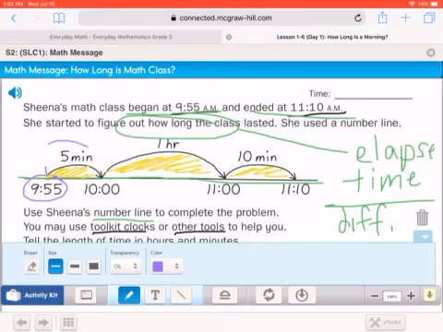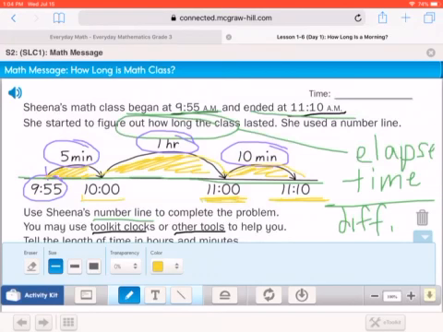If you thought the time that passes, you are correct. But down here, she also writes the time on the clock. So as she's jumping 5 minutes, she's writing the new time. That's 5 minutes later. As she jumps 1 hour, she's writing the new time underneath. When she jumps 10 minutes, she's writing the new time underneath.